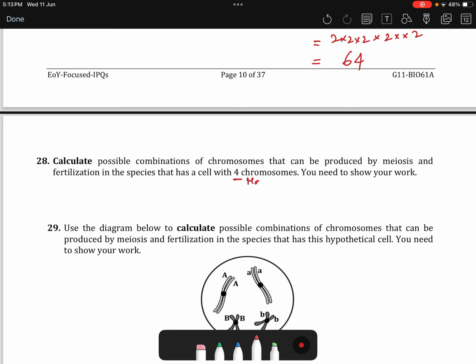How many homologous chromosomes will you have? Homologous will be 2, right? So 2 to the power n for meiosis, times 2 to the power n for fertilization. So it is 2 to the power 2 times 2 to the power 2.